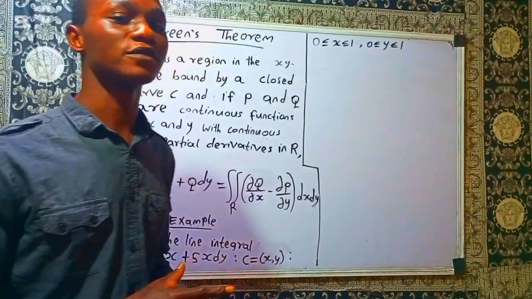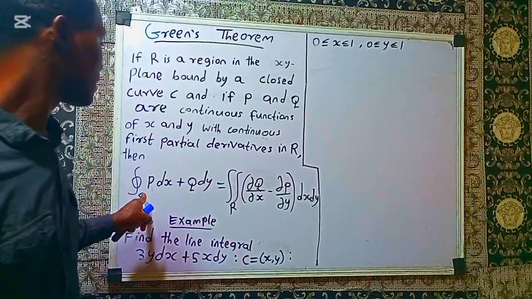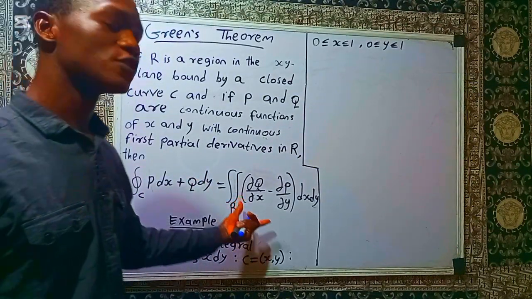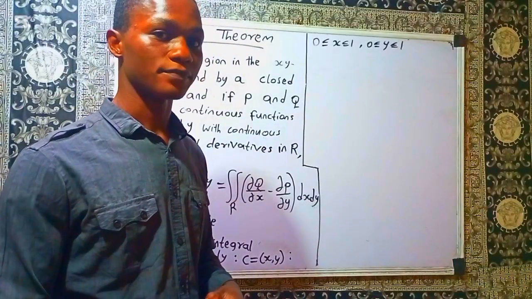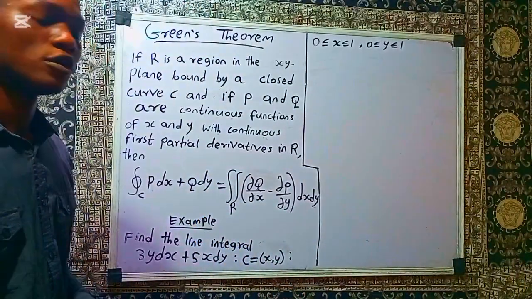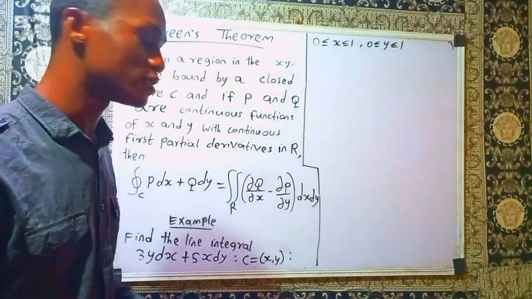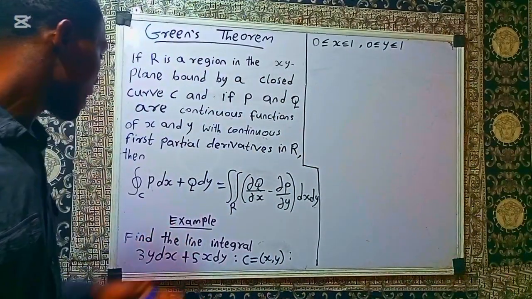So with the help of Green's theorem, this line integral P dx plus Q dy can be converted to this double integral over the region R. So let's see how we can use Green's theorem to compute this simple line integral. Let's look at this example.